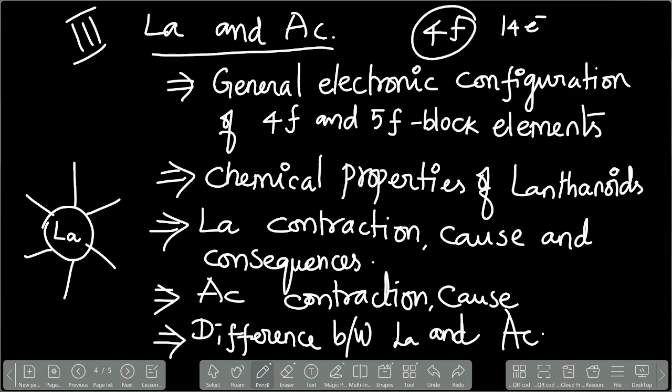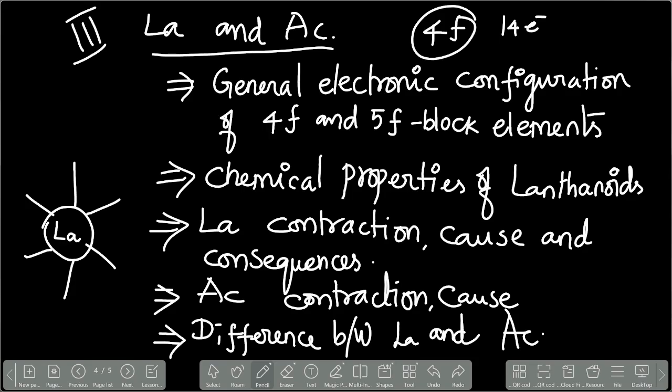The same thing for actinide contraction: imperfect shielding of electrons by one another in the same subshell. And what are the consequences? Basic character decreases, covalent character increases, size also decreases, acting as catalyst, and it is very difficult to separate the lanthanides. So these are the consequences.